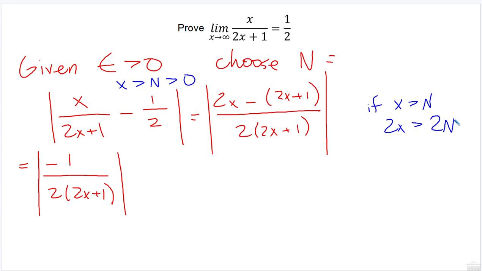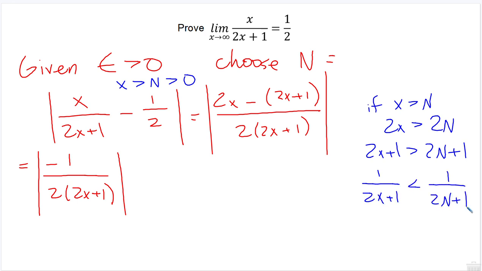Must be, right? And I could just then add 1 to both of those, and that would tell me that 2x plus 1 is greater than 2n plus 1. And that would then also tell me, if you take some reciprocals, that 1 over 2x plus 1 is less than 1 over 2n plus 1. Which should be great, right?